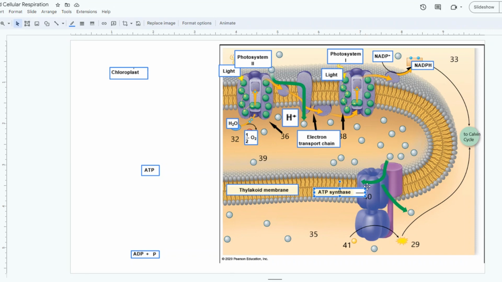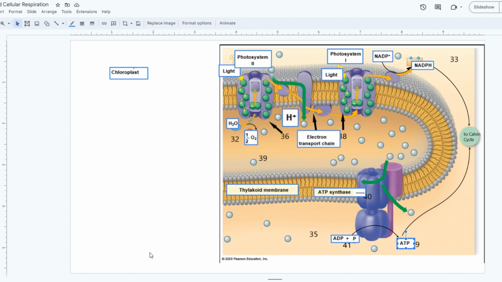It's a molecule that literally turns, and the turning motion causes ADP plus phosphate to be turned into ATP, which is the little firecracker again, which holds on to energy just a little longer, just long enough to be passed on into the Calvin cycle, where it is utilized to grab the CO2 from the air, or grab the CO2 that was grabbed from the air, and stuff it together and put energy in it.